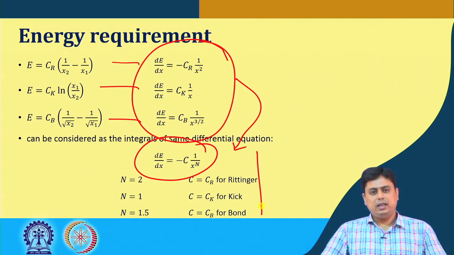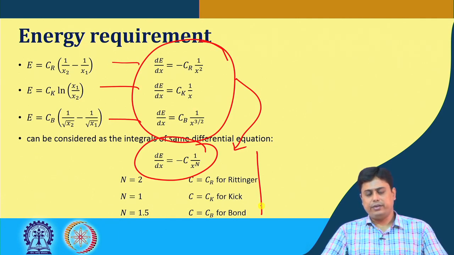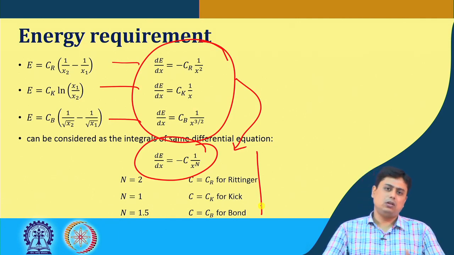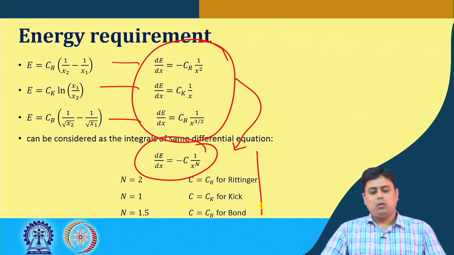Now, we have seen that Rittinger's law was not valid for certain reasons. Kick's law was also obsolete for size ratio variation, and then Bond's law came up. It has been seen that all these three can be reliable if used within a certain size range.